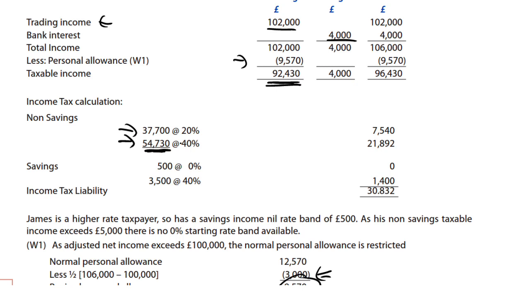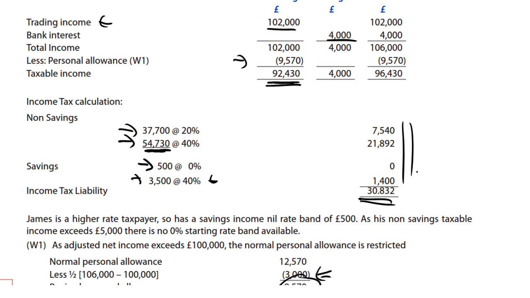Savings income, this was the only area that, if you're going to come unstuck, you might have done, and that was remembering that if you've got a higher rate taxpayer, then we do get a savings income nil rate band, but it's only £500. That goes in at 0%, the remaining 3,500, we're in the higher rate band, and therefore you use the normal 40% rate. And in that way add up, hopefully all the numbers come together to give you that figure of income tax liability.